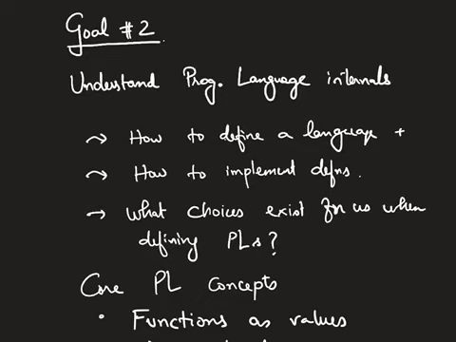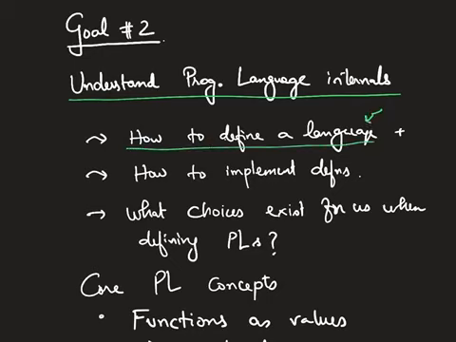The second part of this course, so we mentioned functional programming as the first part. There is the more important business of this course, which is going to be understanding programming language internals. So understanding how we can define our own programming language. And in this class, we will be defining a very particular language we will call Lettuce.